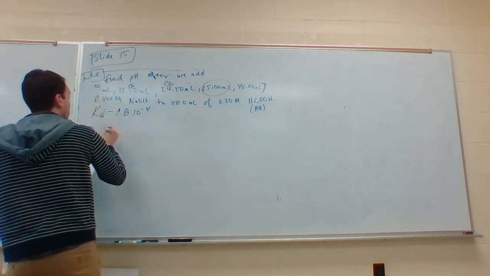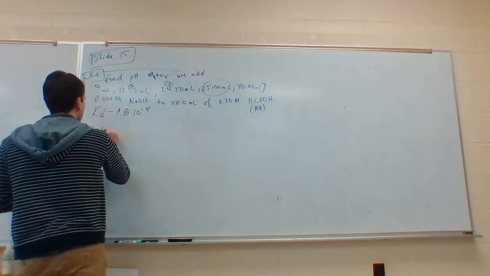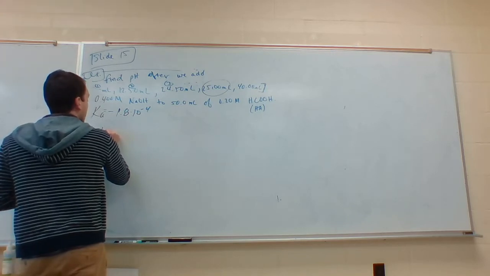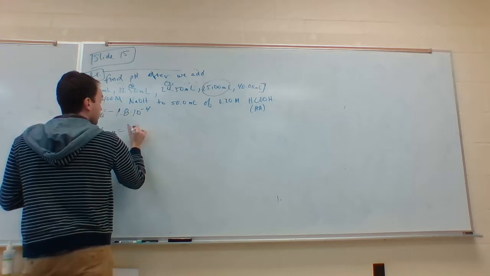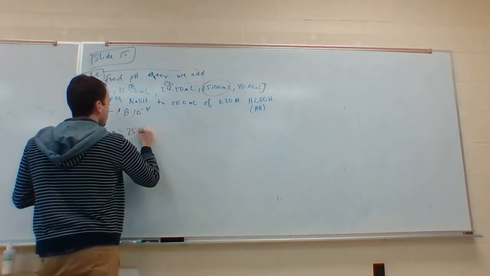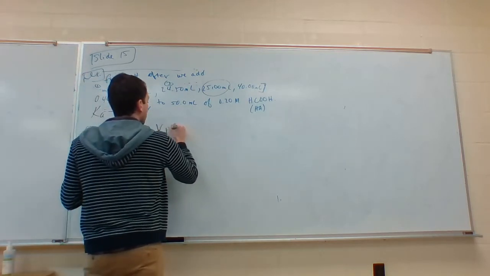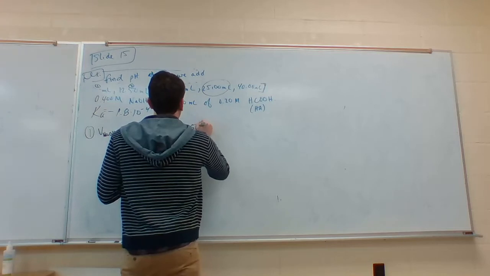So the very first thing that we're going to do is write our concentrations. We have a V of sodium hydroxide equal to 25 milliliters. We have a V of HA equal to 50 milliliters.